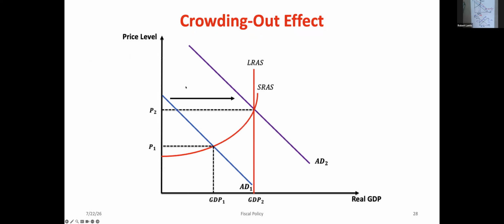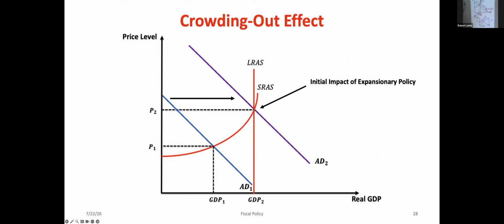Maybe another way to think about this. Let's just assume that we saw this increase in government spending. What could I also see? A decrease in taxes would shift that aggregate demand out. So the initial recessionary gap was closed by our expansionary fiscal policy.